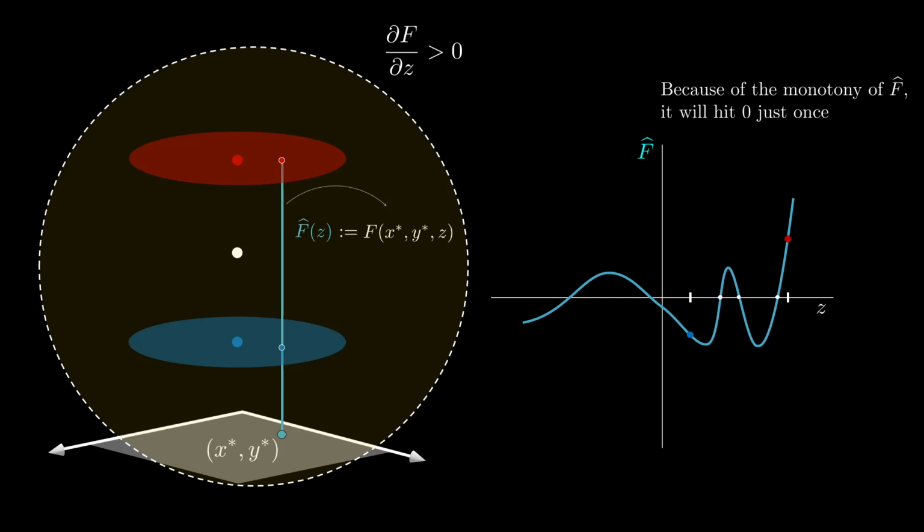So, because of the monotonicity, F hat has to be increasing. So it can't hit just more than once, because it is a monotonic function. Because of the monotonicity, it will hit just once. And here we have it. So what do we have here?